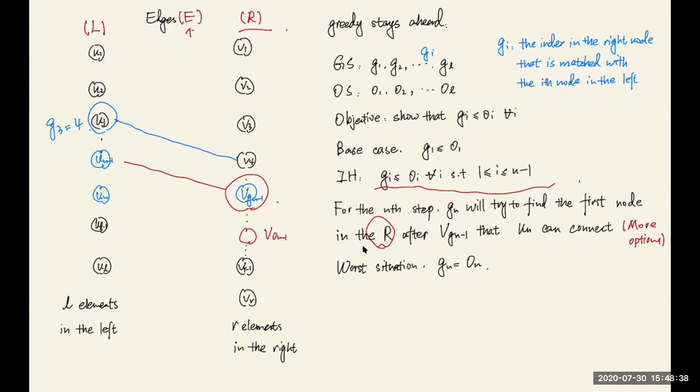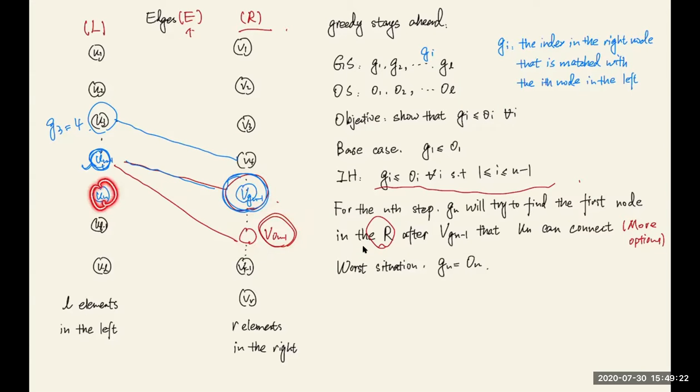Let me slow down a little bit. If this is Vn-1, it is connected with G of n-1 here. And let's say for other strategies, this is the connection: the n-1 node in the left is connected with this node on the right. Using the induction hypothesis, we already know that this node will be after this node, right?